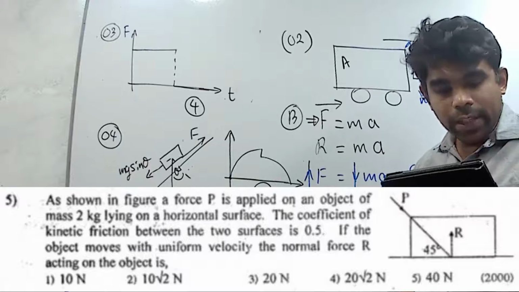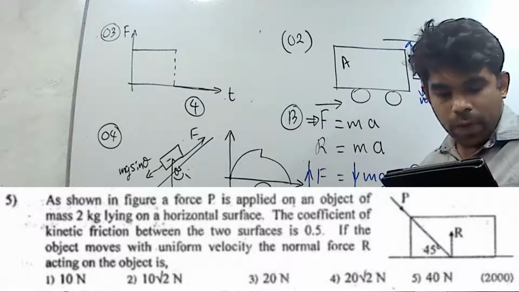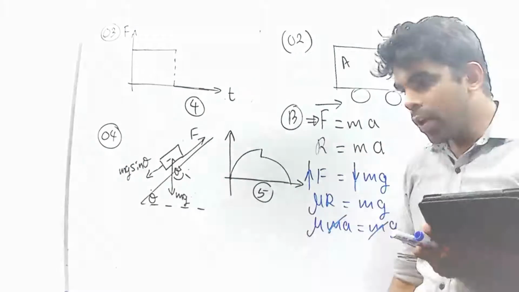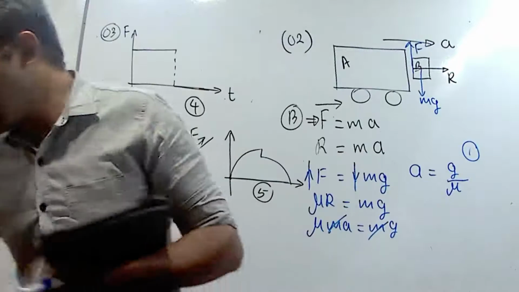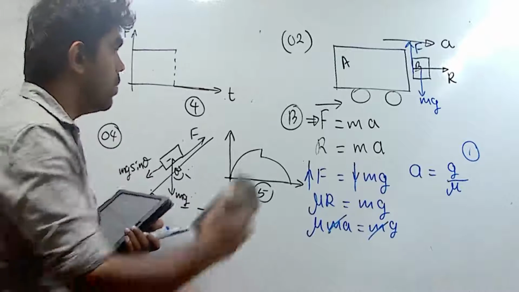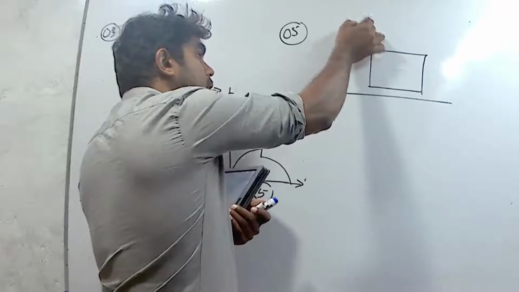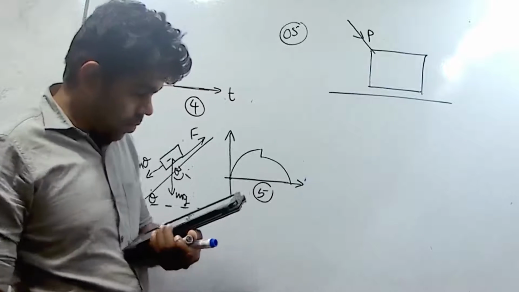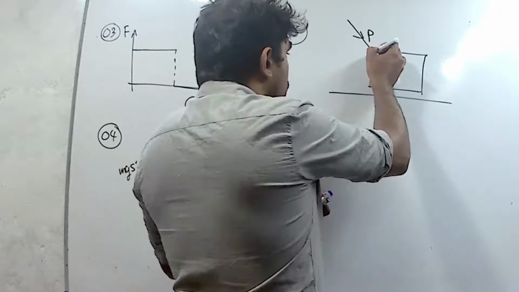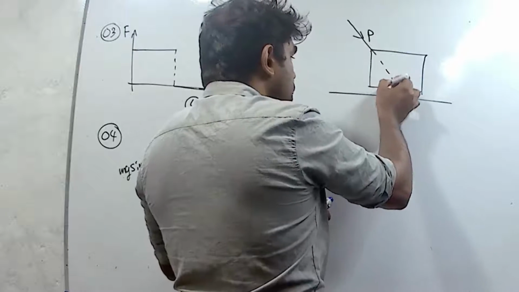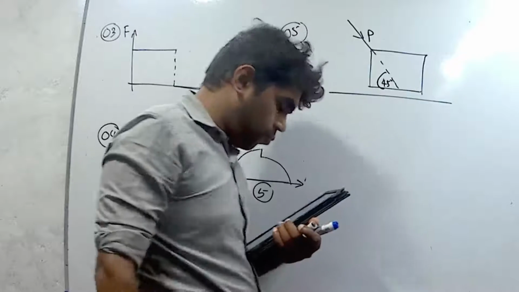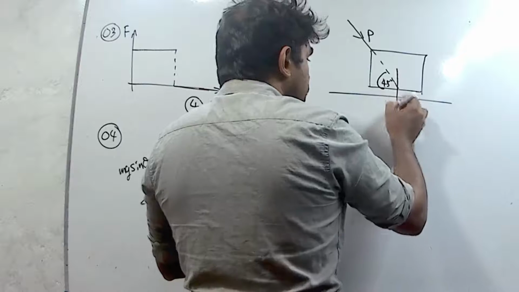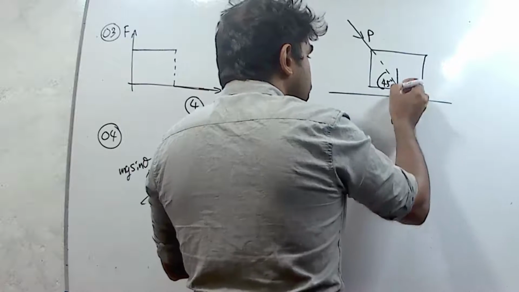If the object moves with uniform velocity, find the normal force R acting on the body. The given push is like this. It is 45 degrees with the horizontal plane. Weight mg, reaction R.